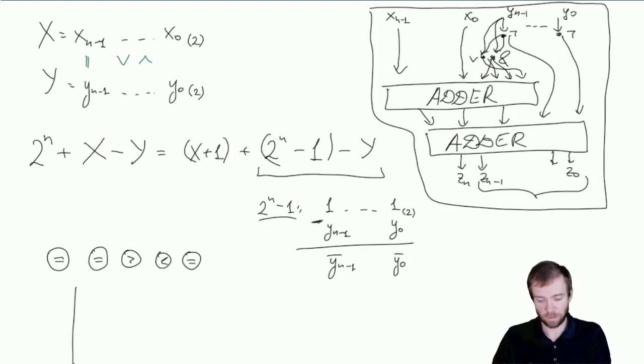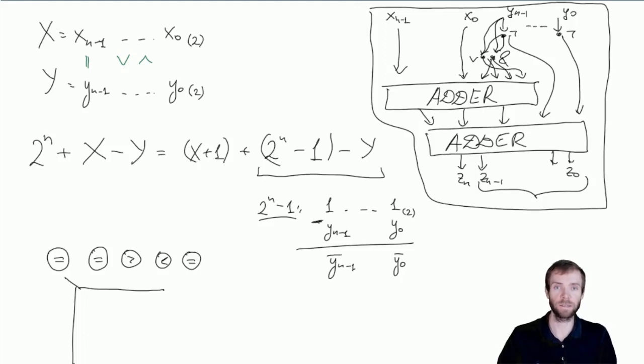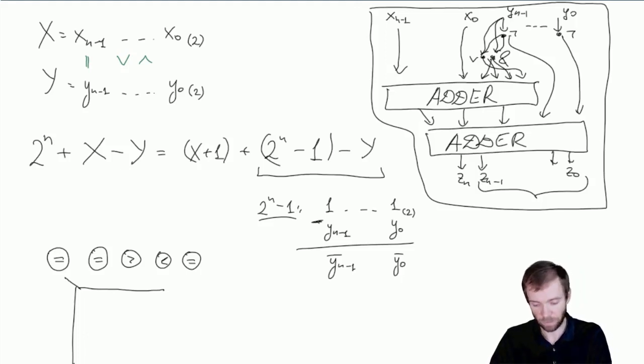And so we can build a table for this operation, which gives us the result of previous comparisons and the current comparison, and tells us what is the result of this next step. So if we had equality before, and if we now also have an equal pair of bits, then so far we have equality between the two numbers.